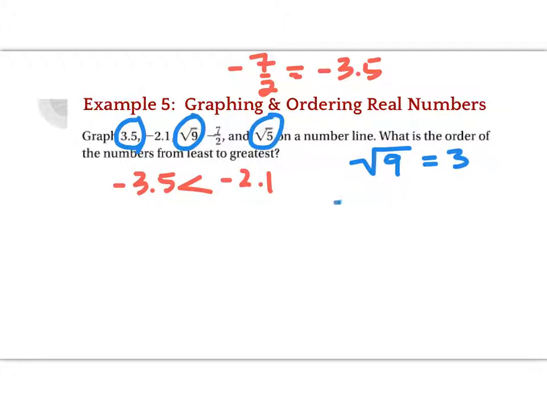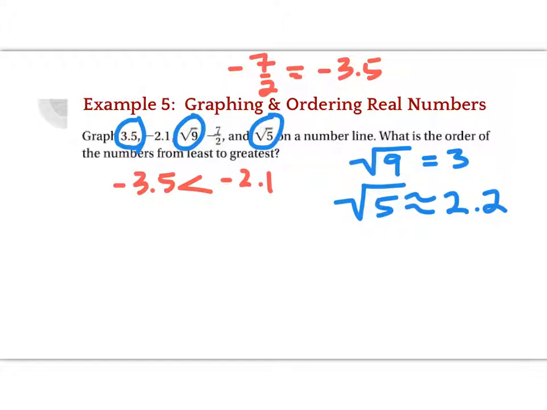And the square root of 5 is approximately 2.2.